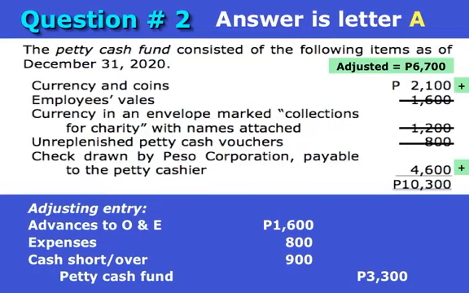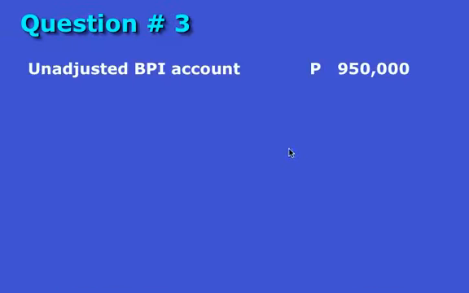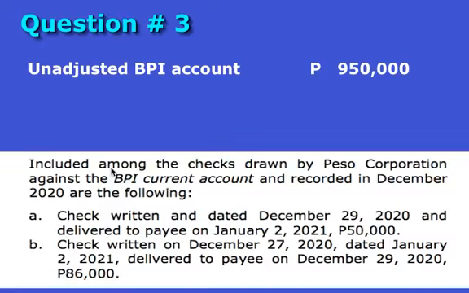Per trial balance, information about the BPI account. Included among the checks drawn by the company against this account, at naka-record na. Ano ibig sabihin? Naka-deduct na yung A and B.